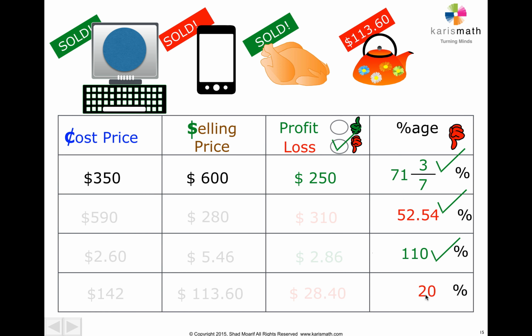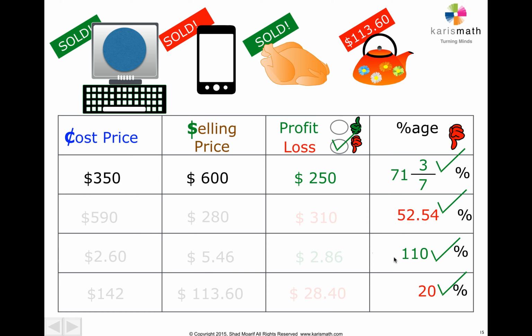So you made a 20% loss, which means if you bought these kettles for $100, you'd be selling them for $80, $20 less. Unlike the chickens, which if you bought for $100, you sold at a profit of $110 for every $100, which means you sold it for $210.